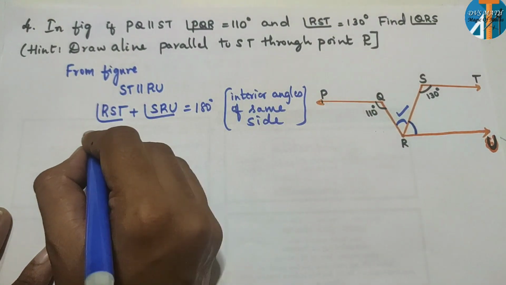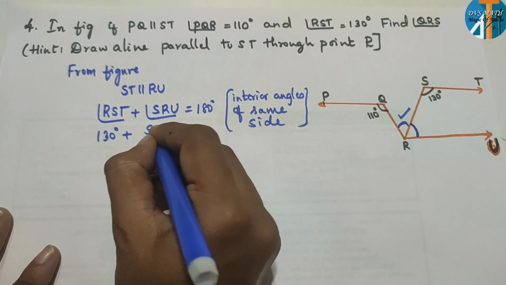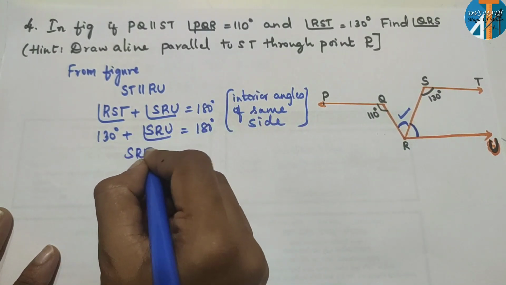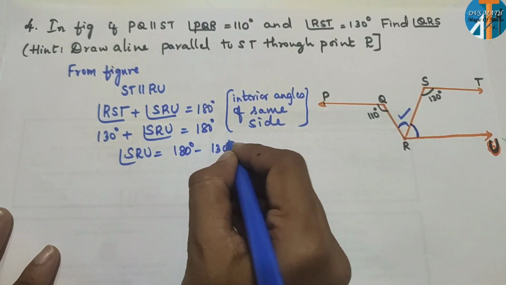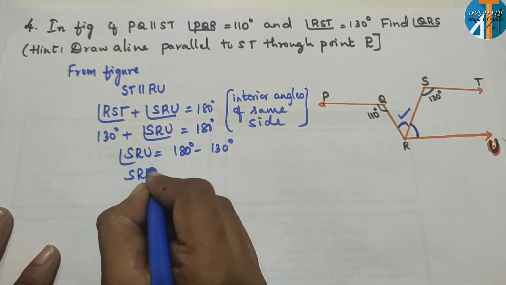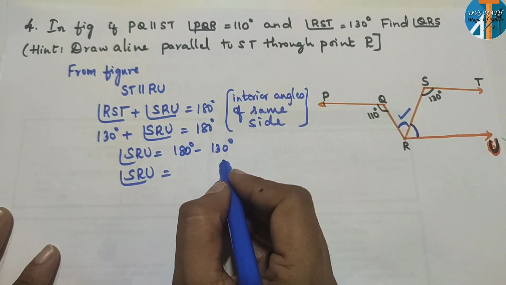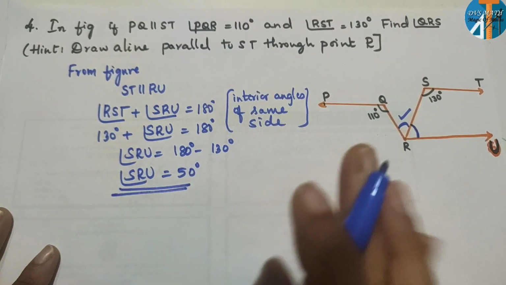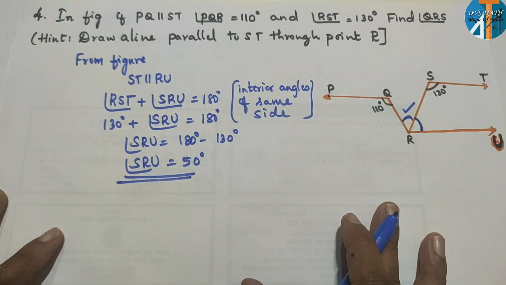What is RST? You got 130 degree plus SRU as it is, equal to 180 degree. Now you want SRU. SRU is equal to 180 minus 130. You will get 50 degree. Keep it as it is. Now let us come to the next part.